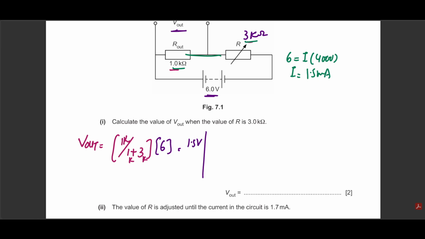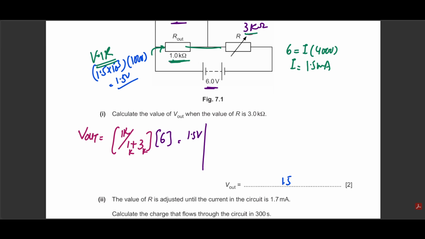Then you simply multiply this current with the resistance by using V equals IR again. That would become 1.5 into 10 raised to the power minus 3 multiplied by the resistance, which is 1000. This will become 1.5 volts once again. That's completely your choice, what you choose to do with it.